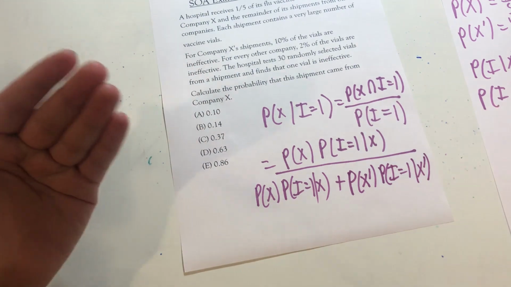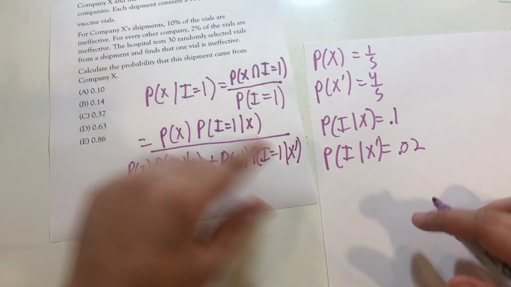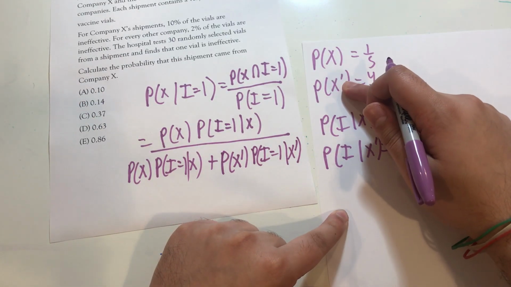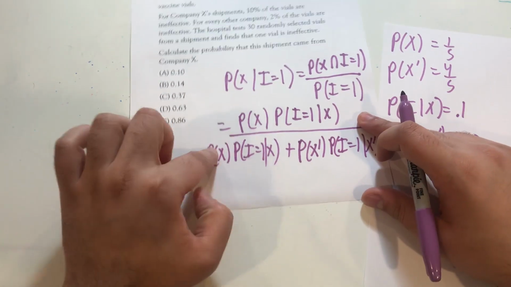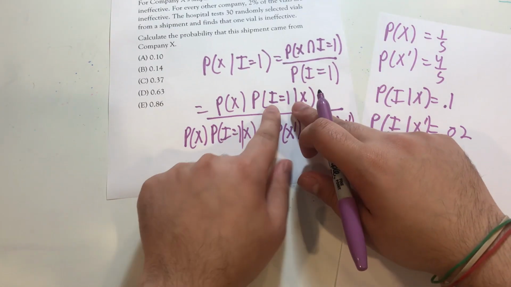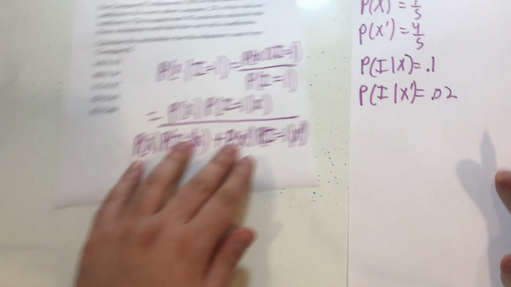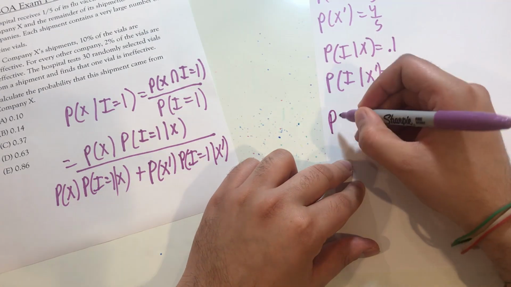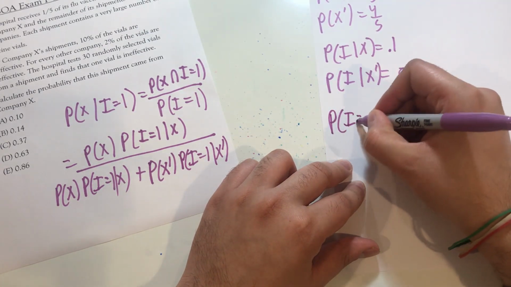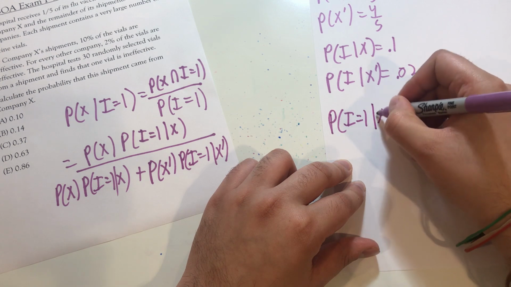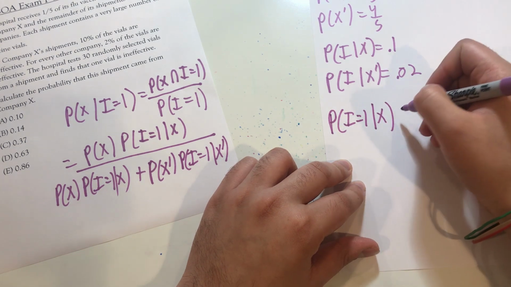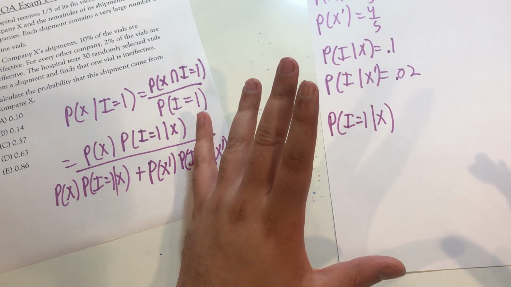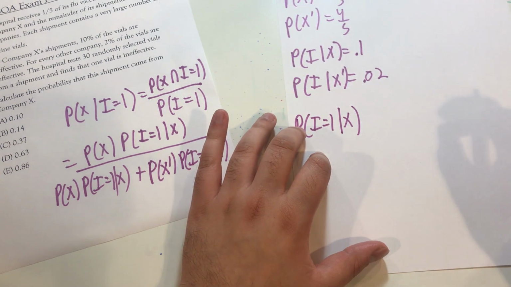Okay, so let's figure out these probabilities. We have the probability of X and not X, so we have these items. What we don't have is these conditional probabilities. So let's first look at the probability of having one ineffective vial, given that you come from company X. Here we have a sample of 30 independent trials.